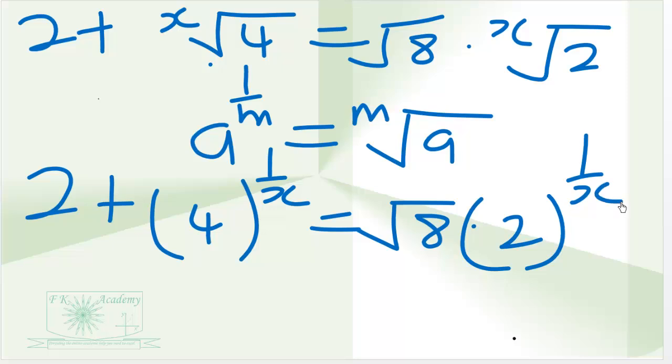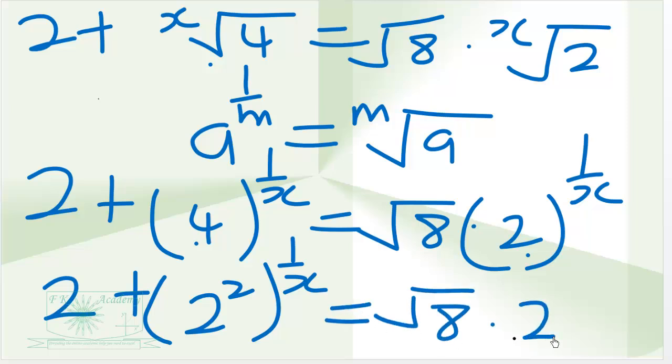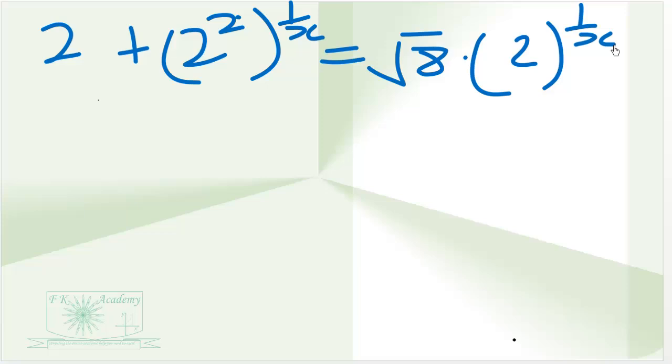Again, we can express 4 as a base of 2 exponent 2. So that gives us 2 plus 2 exponent 2 exponent 1 over x equals square root of 8 times 2 exponent 1 over x.